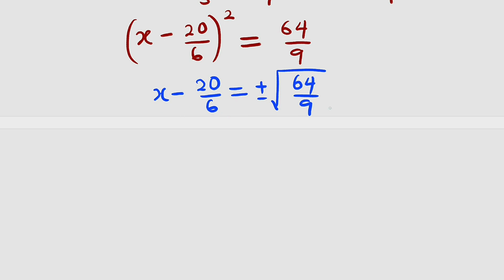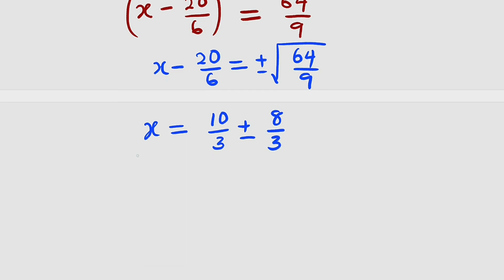It is negative here, to the other side it becomes positive. So x is equal to 20 divided by 6, which is going to give us 10 divided by 3, right? Because 2 can go into 20 10 times and it can go into 6 3 times. So plus or minus, the square root of 64 is 8 and the square root of 9 is 3.